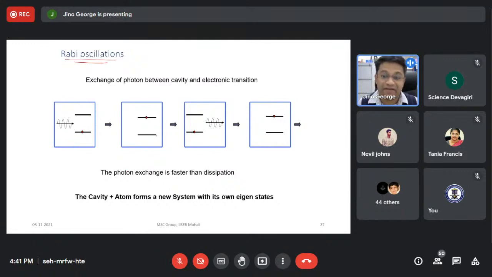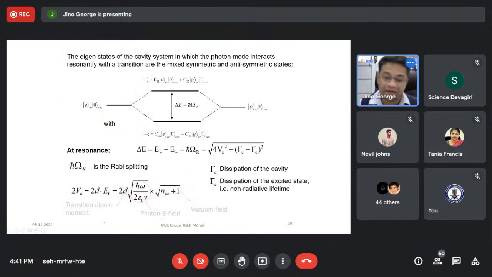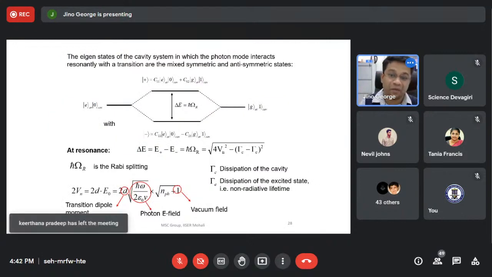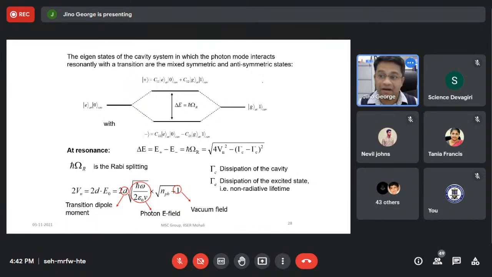So when you create this interaction, you have a cavity plus an atom system, which is a new system, which has its own energy levels. This is what we are doing in our lab. We create something called polaritonic states. These states are half molecule and half photon.